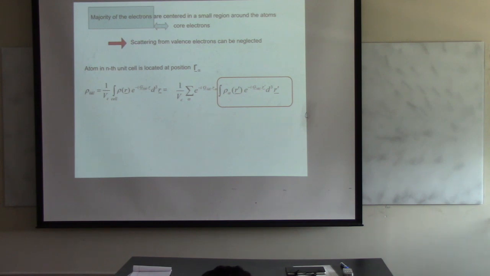Then I have the integral part, I have rho(r'), then I have e^(-iG·r') coming from this part. This is the first part. Then I have dq r'. So this is basically what is in that electron distribution. So this is basically summing over all the atoms in the basis.